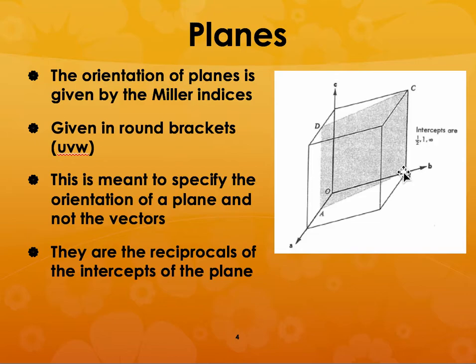Okay, so talking about planes, we can represent the planes. The shaded area in this diagram is a plane. So this is the Cartesian coordinate system for representing a lattice, a unit cell, and the directions and planes.